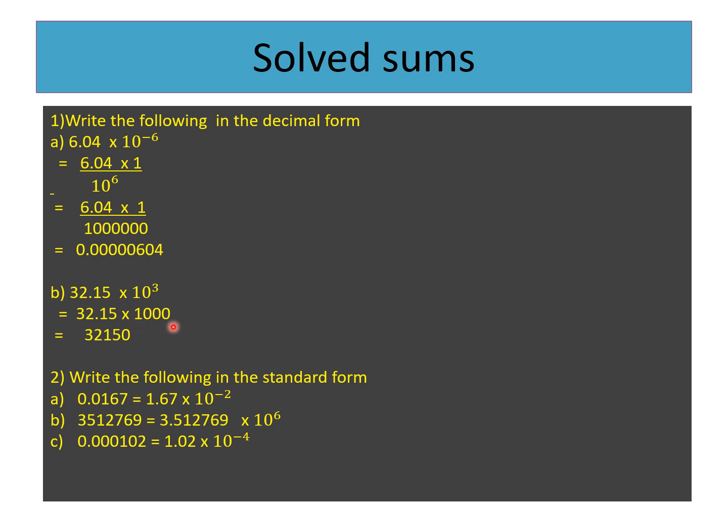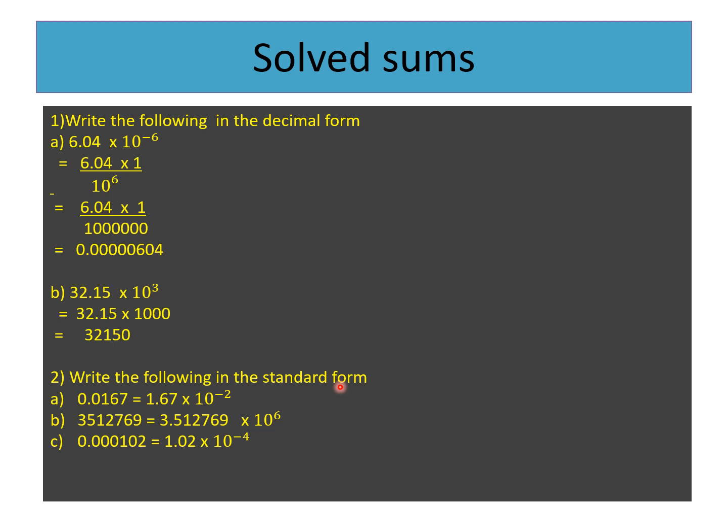We have 3 zeros, so keep the decimal point after 3 digits. Already we have only 2 digits here, so add 1 zero to keep the point after 3 digits. 1, 2, third digit is 0. Keep the decimal point after this. So we got 32,150.